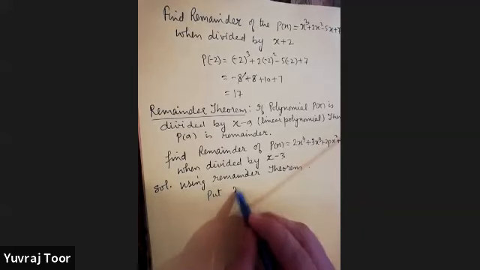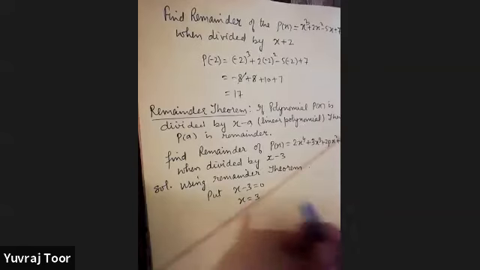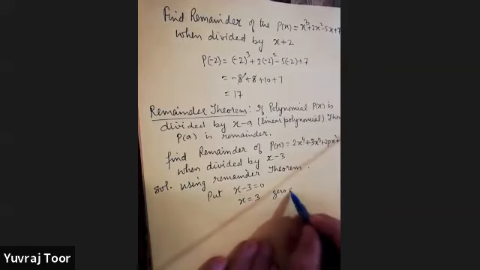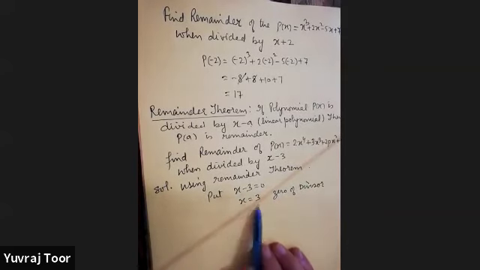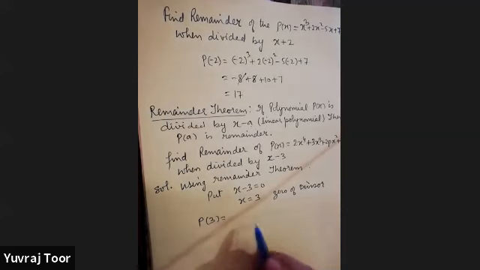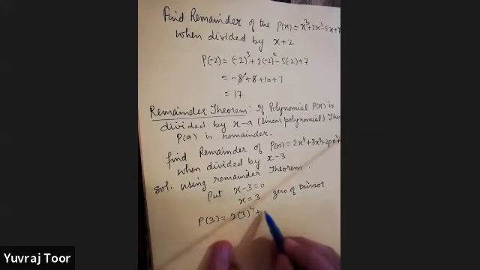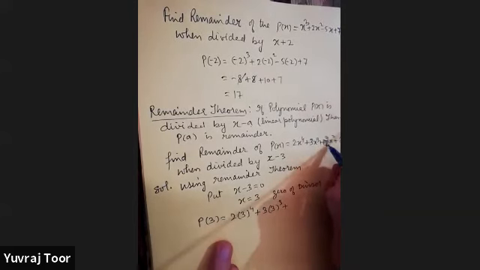Put x minus 3 equal to 0, x is equal to 3, the 0 of the divisor. So you find the 0 of the divisor. According to the remainder theorem, p(3) is going to be the remainder. We'll calculate that. It's 2, not 2p. It's a correction.